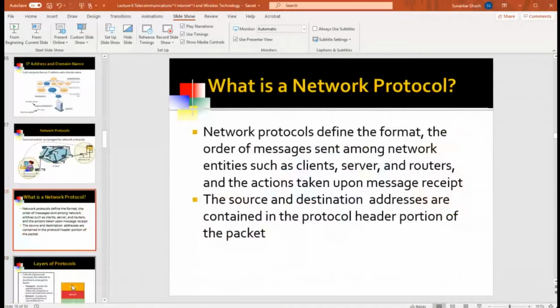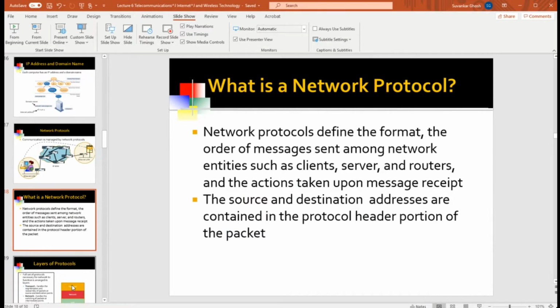Another way of looking at network protocols is that in order for the network to operate, there are all kinds of messages exchanged between routers and switches, and between routers and end computers. These messages have to follow a standard format, and network protocols define what those standard formats are for the messages being exchanged on the network.